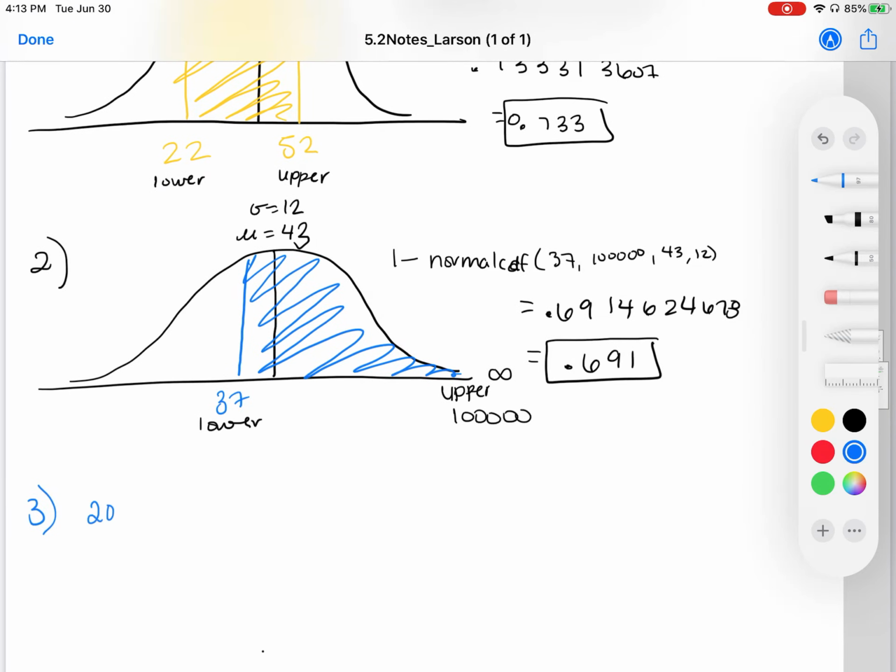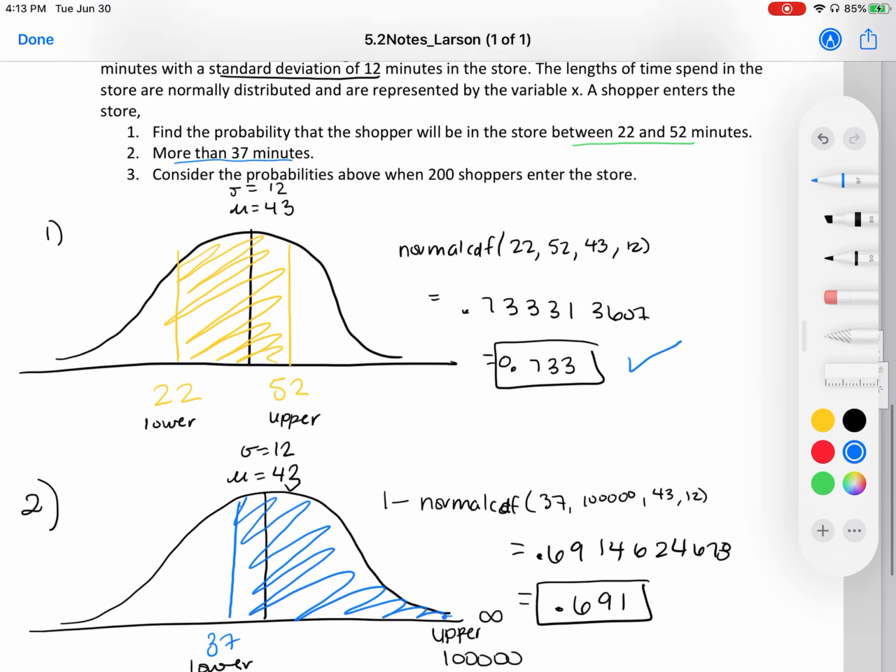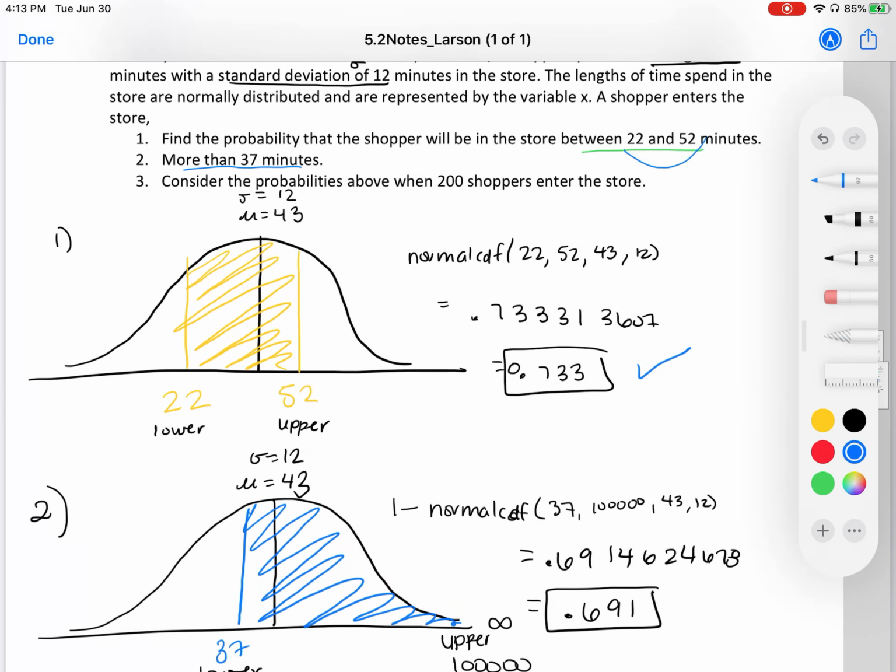So we have 200 times our probability from part 1, 0.733, and we get 146.6. We can't cut people into fractions, so let's round to the nearest whole person. So we can expect to have, if we have 200 shoppers, 147 of those will be between 22 and 52 minutes.